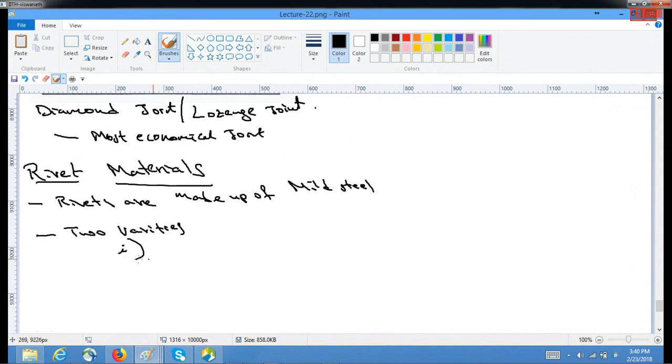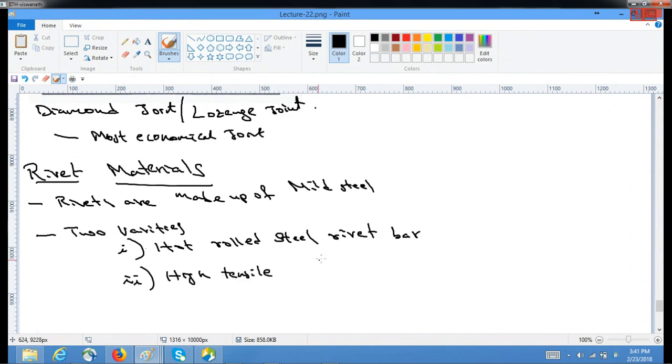First one is hot rolled steel rivet, or a rivet bar, and the second thing is high tensile steel rivet bar.